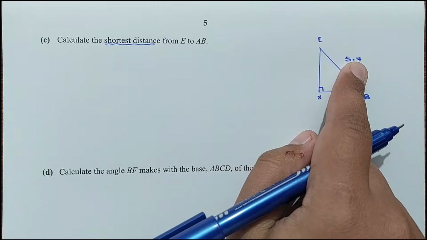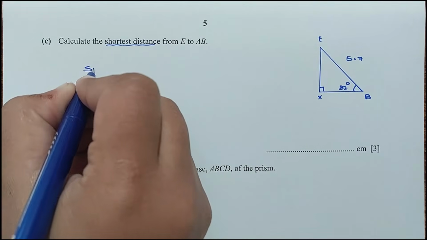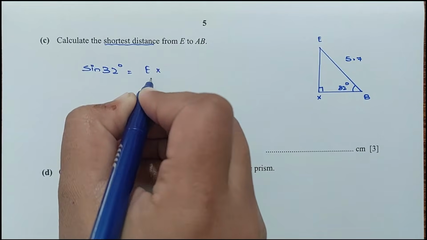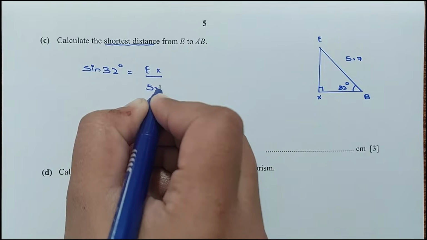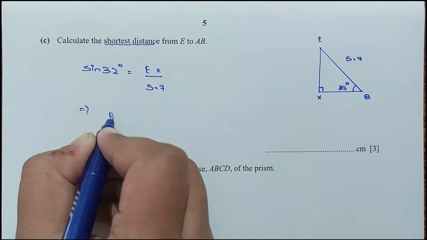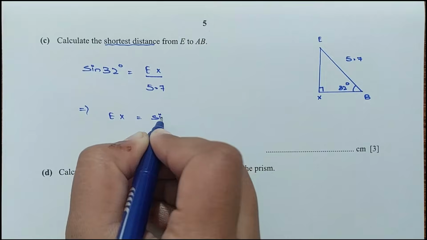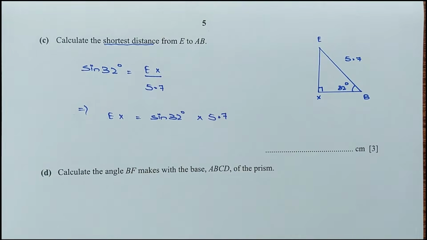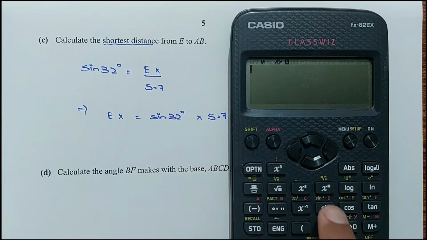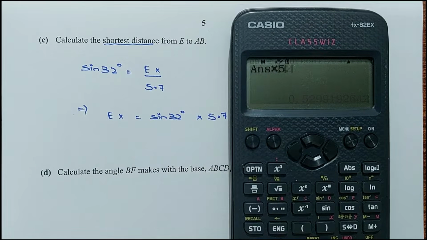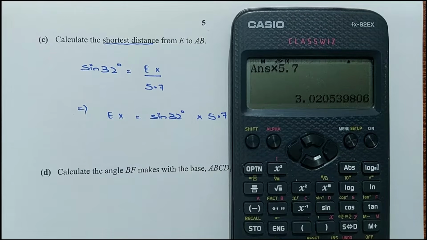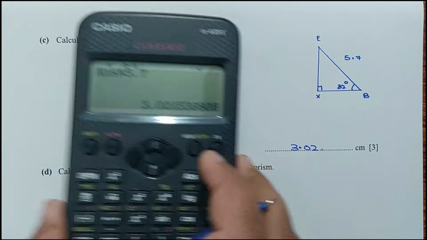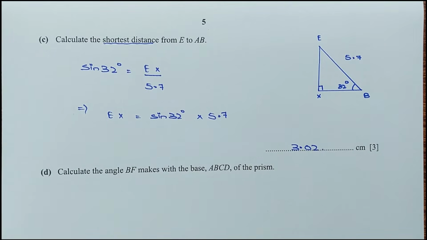We have the hypotenuse, so using the ratio of sine, sine 32 degrees equals the opposite, EX, the perpendicular distance, over 5.7. So EX equals sine 32 degrees times 5.7, which is 3.02. 3.02 centimeters is the perpendicular distance, or the shortest distance, from E to AB.